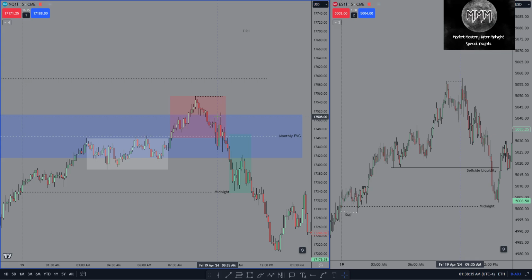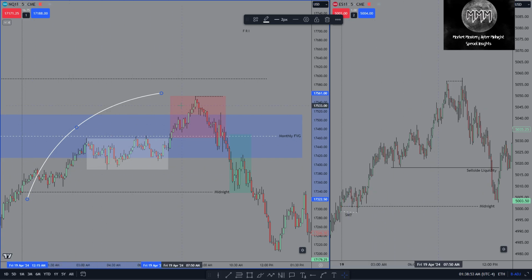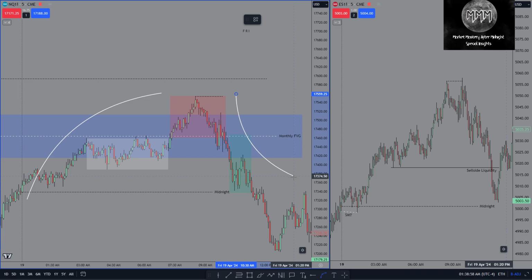When we are in a market maker sell model, we want to see lower prices. When we are on the sell side of the curve, that's the curve going downwards. If I put this on my chart, this left side here is the buy side of the curve, and here on the right side we are on the sell side of the curve.